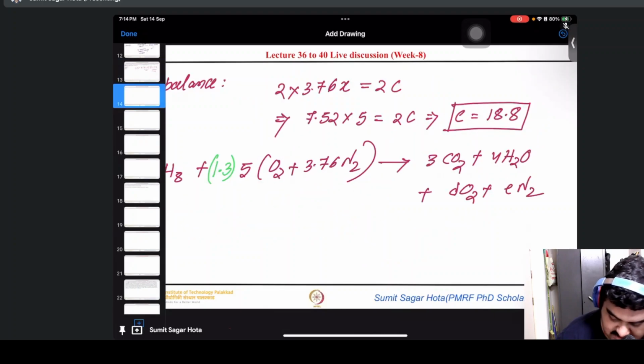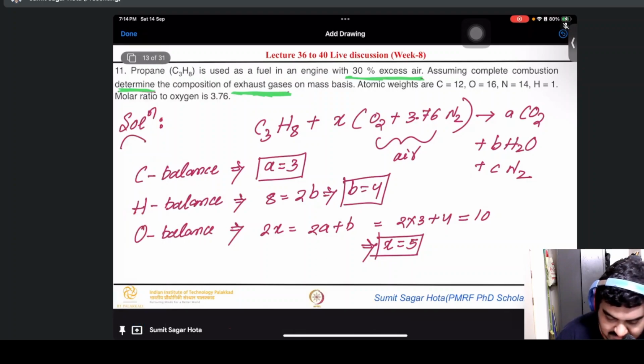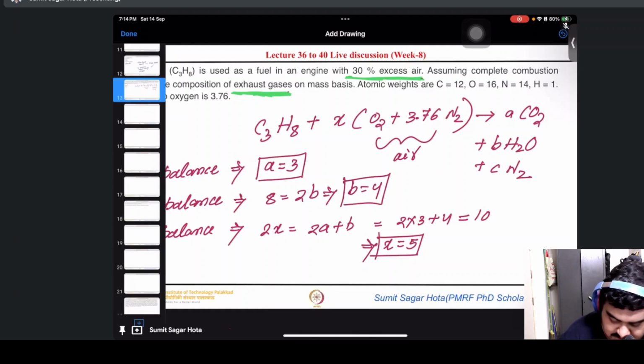If there is excess air, what is the condition? There will be some excess amount of oxygen and nitrogen. In the previous part, in all the balancing I did, we found x equal to 5, but now we have to again do the oxygen balance and the nitrogen balance. Instead of b and c, we have D times O2 and E times N2, because of excess air.